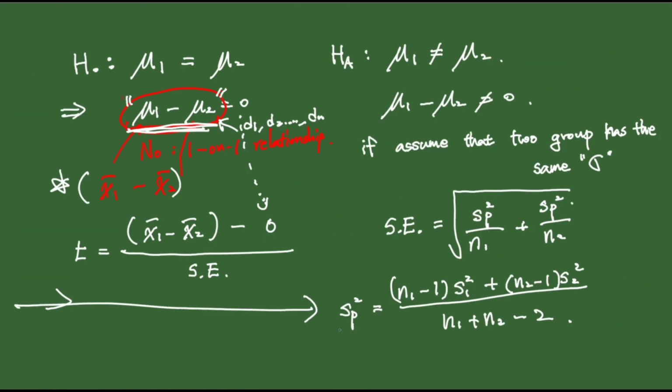Once we calculate the SP square, we can plug that in here and calculate the SE. After that, we can use this number to calculate the t-test statistic. Okay, so let me pull up the concrete example, and we're gonna use SAS to calculate each number.